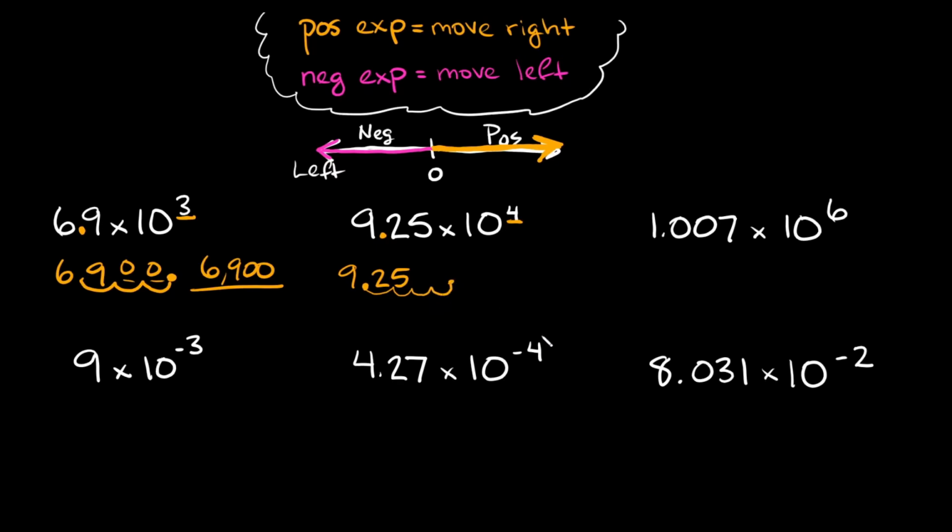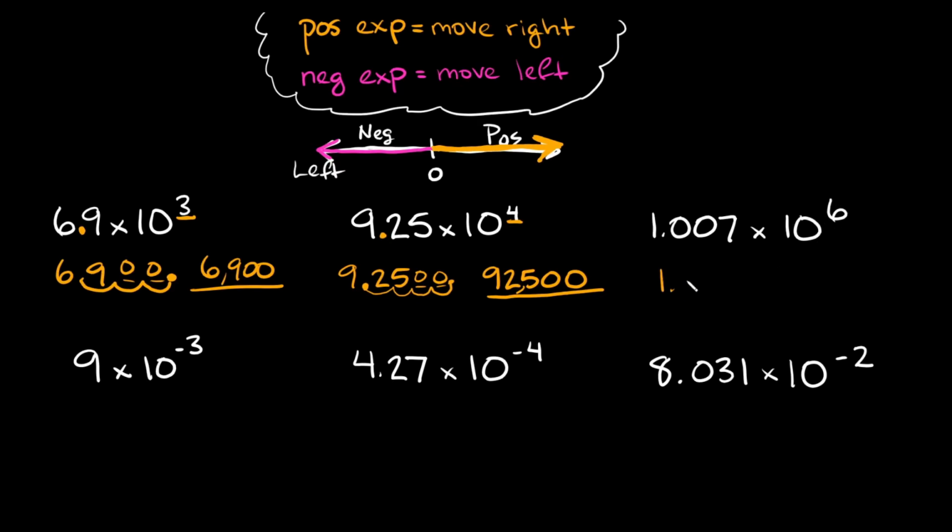Okay, so that's where your decimal goes. And then in these blank spots right here, again, you just put zeros. Okay, so 92500. So then your answer right here would be 92,500 right there.